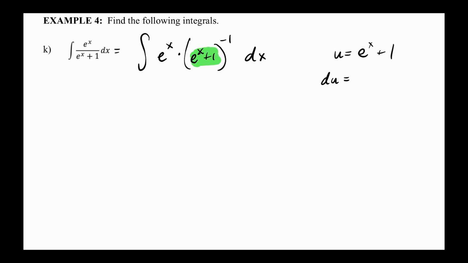What would du be? Close. Just e to the x, yeah. Because the plus 1, if I find the derivative of 1, it's just 0. But yeah, dx, right?